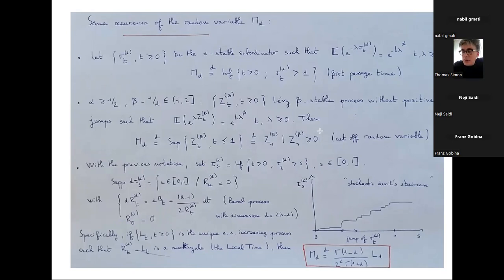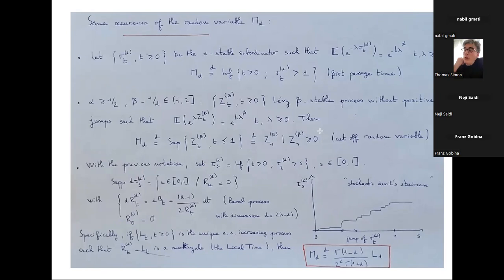If you take the alpha stable subordinator with a certain normalization, as written on the slide, which is a standard one, this is a strictly increasing process, which goes towards infinity as t goes towards infinity. So it crosses 1, and the time where it crosses 1 is actually distributed as a Mittag-Leffler random variable.